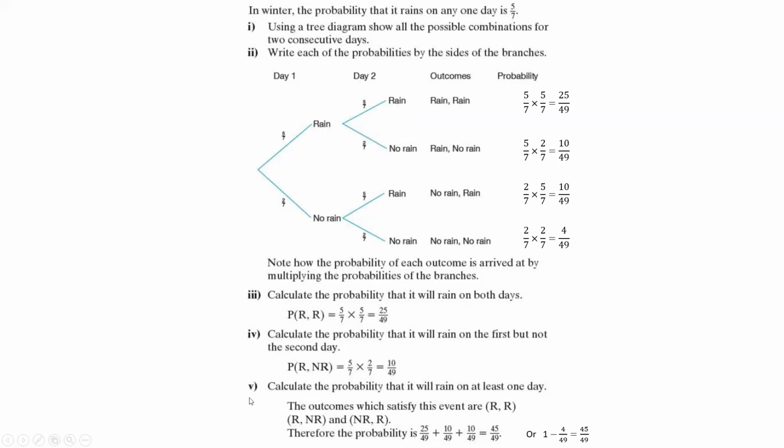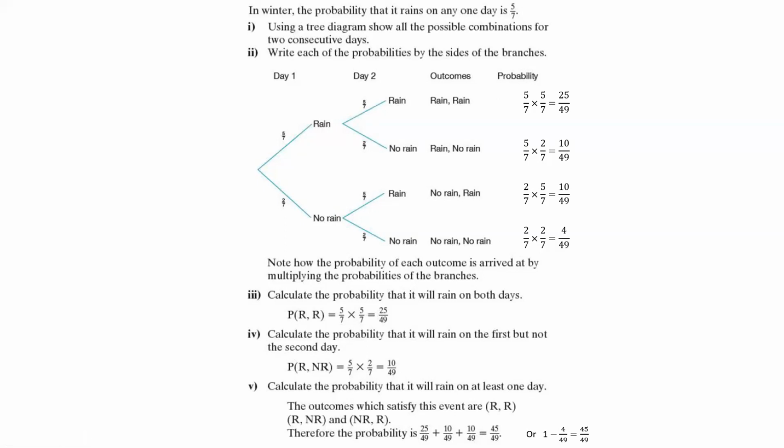Okay, I want you to notice the last question. Calculate the probability that it will rain on at least one day. Okay, look at this word. At least one day means it can be first day rain, the second day also rain, because at least one day can be 2 days, right? Can be 2 days all raining. Or it can be the first day raining, the second day not raining.